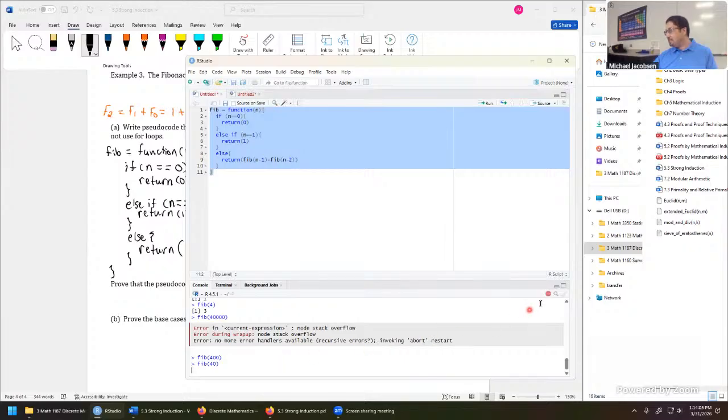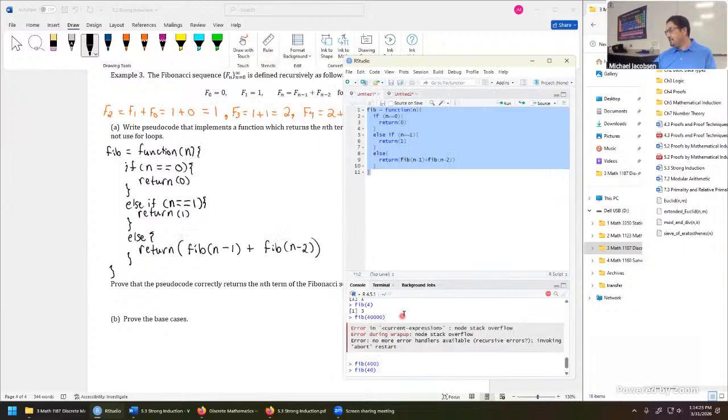If we do it at 40, that should run. Let's hope for the best on this. I should have practiced this out on this computer before trying it out for a classroom demonstration. At 40, we're still making loads and loads of recursive function calls. This core computer, I can hear the fan spinning up on it.